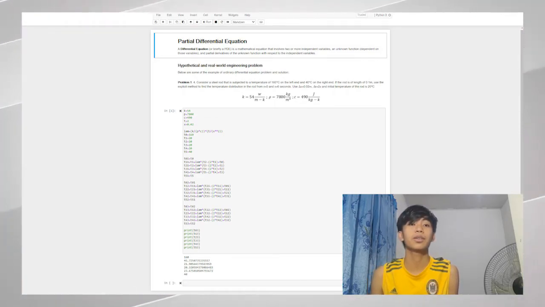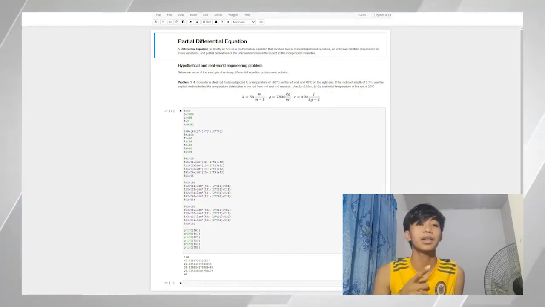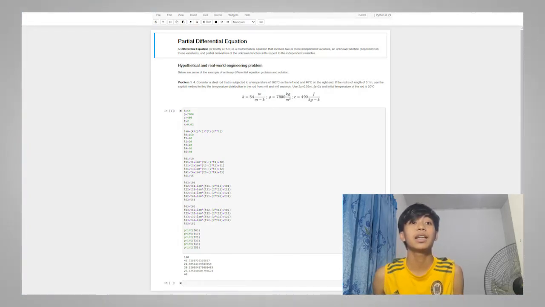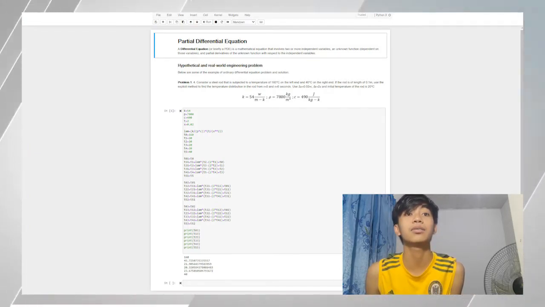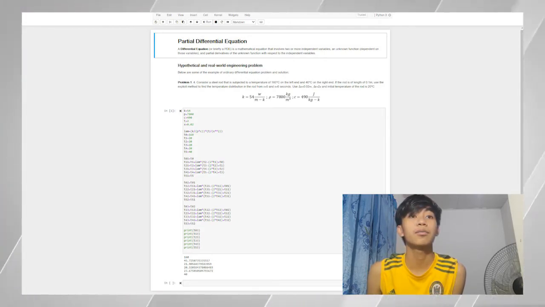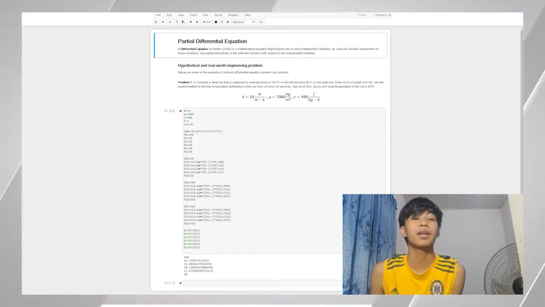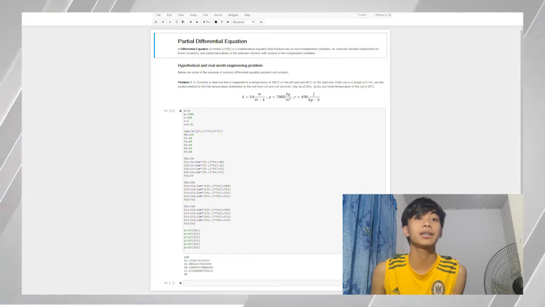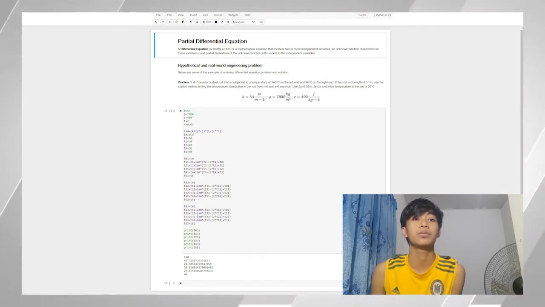So, isosolve po natin dito. Una, yung formula na nilagay namin sa Python, which is lambda equals k over rho times c, multiplied by delta t over delta x raised to 2.